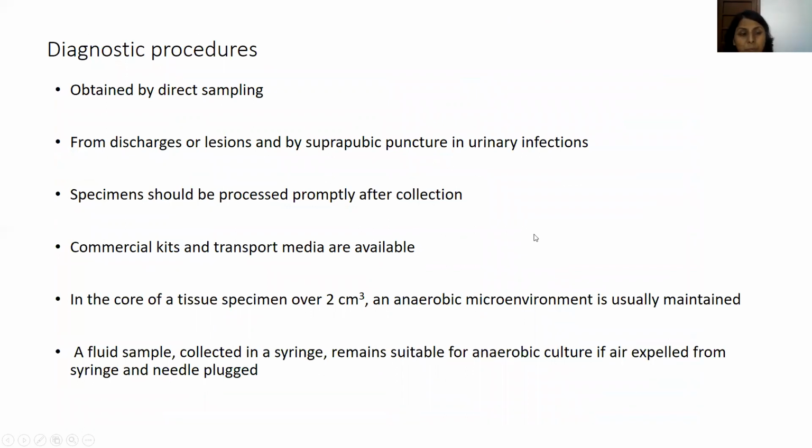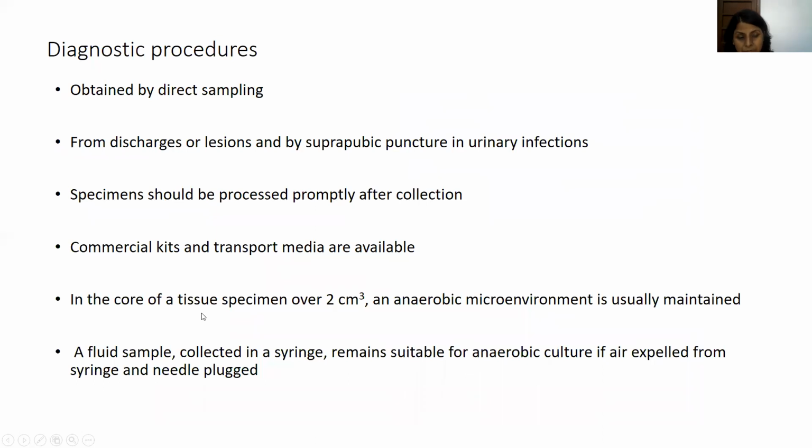These can be diagnosed by taking samples from the discharges and the lesions, and by suprapubic puncture in the case of urinary infections. Samples should be processed promptly after collection, and commercial kits and transport media are also available for easy collection and transportation of the samples.